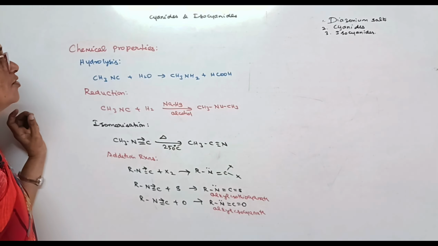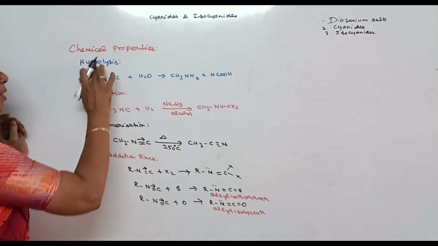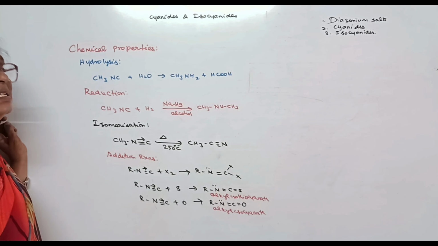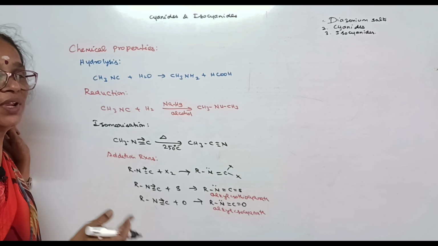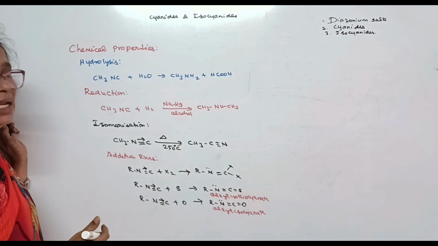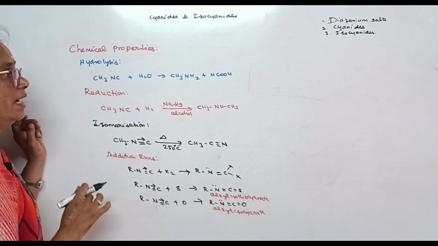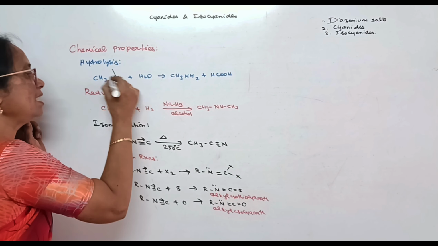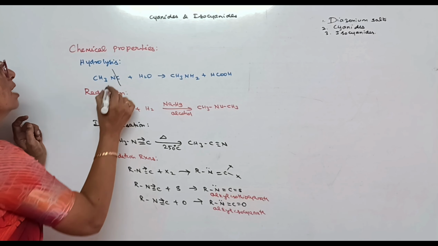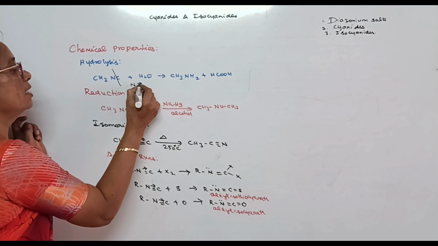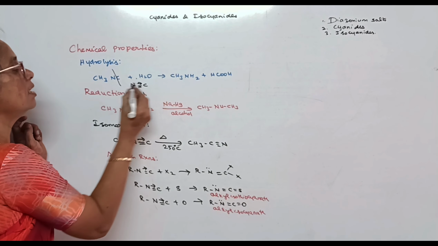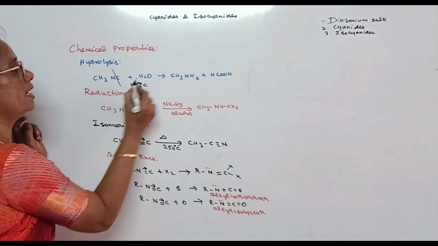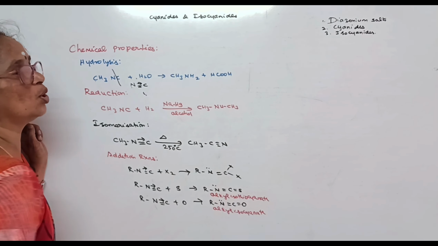Chemical properties of isocyanides. The first property is hydrolysis. Cyanide on hydrolysis gives amide and carboxylic acid, but isocyanide forms amine and carboxylic acid. So this N triple bond C gets broken, so we are getting CH3NH2 and HCOOH.